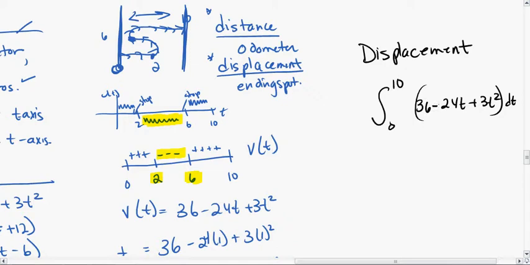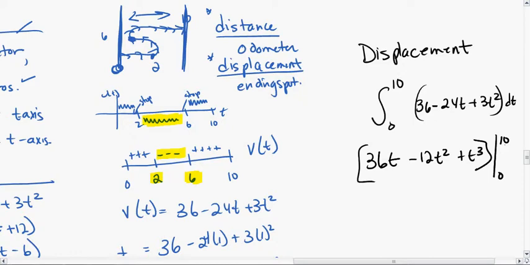When you integrate that function, you end up with 36t minus 12t squared plus t cubed. And then we'll go ahead and evaluate that from 0 to 10.